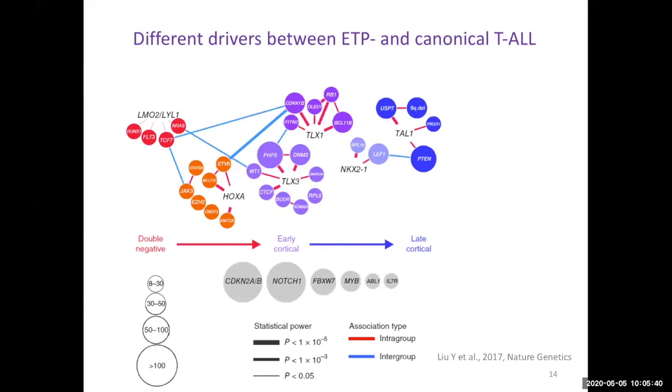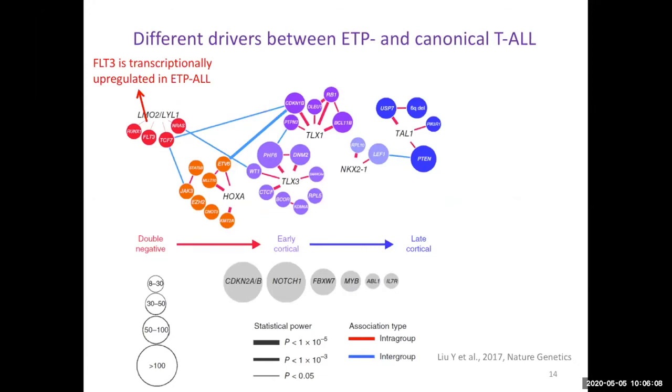The other thing that we have seen is that we do see, as you can guess based on the PC data that I've shown you before, differences between canonical or classical T-ALL with ETP-ALL. So we can see, for example, in ETP-ALL that is more early disease, expresses more myeloid markers and depends on FLT3 activity.